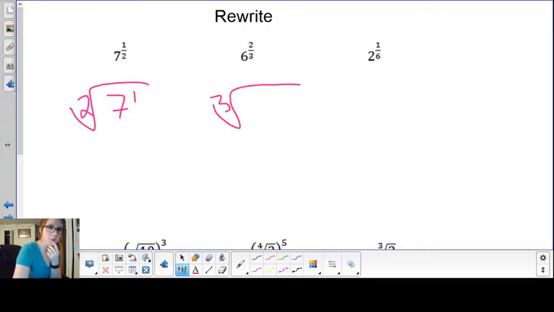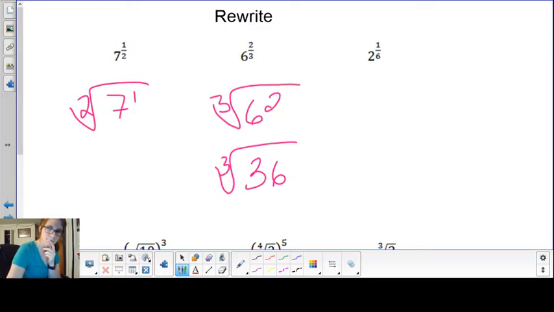I have the cube root of 6 squared, which is the cube root of 36. I'm going to have the 6th root of 2 to the 1st.